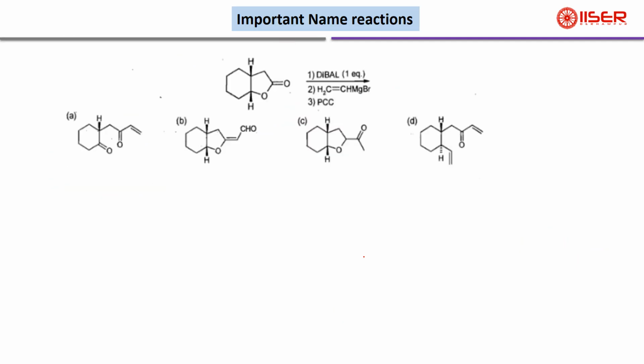What will be the product of this reaction? This is one question from a previous year NET. What will be the product of this reaction? First is DIBAL-H. So DIBAL-H will reduce, and it will give a H minus.